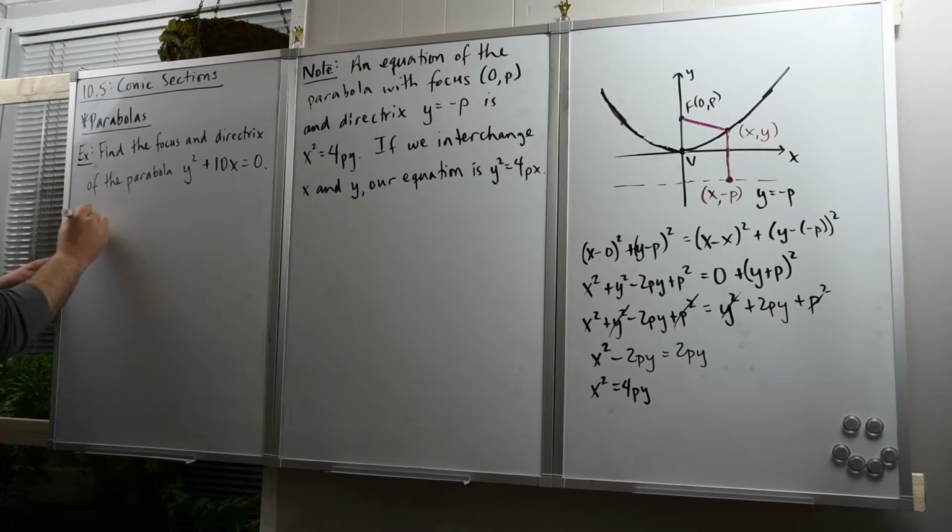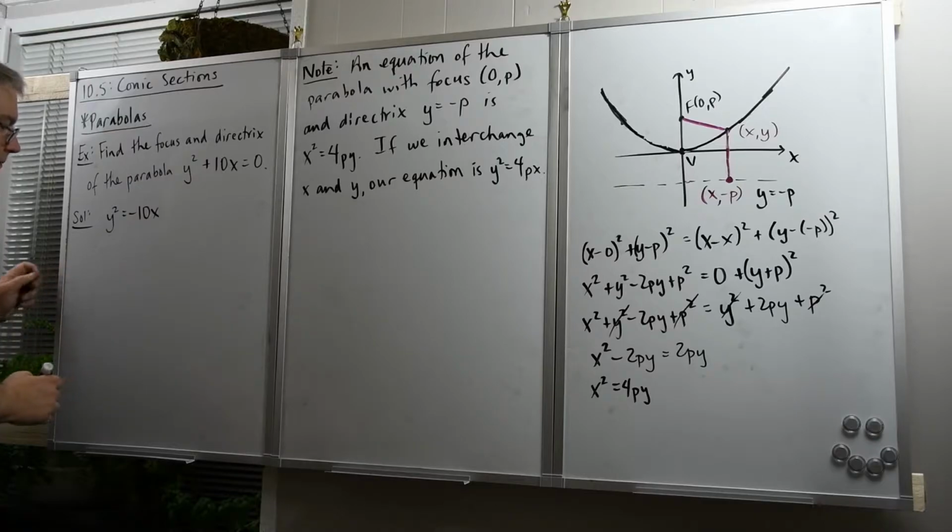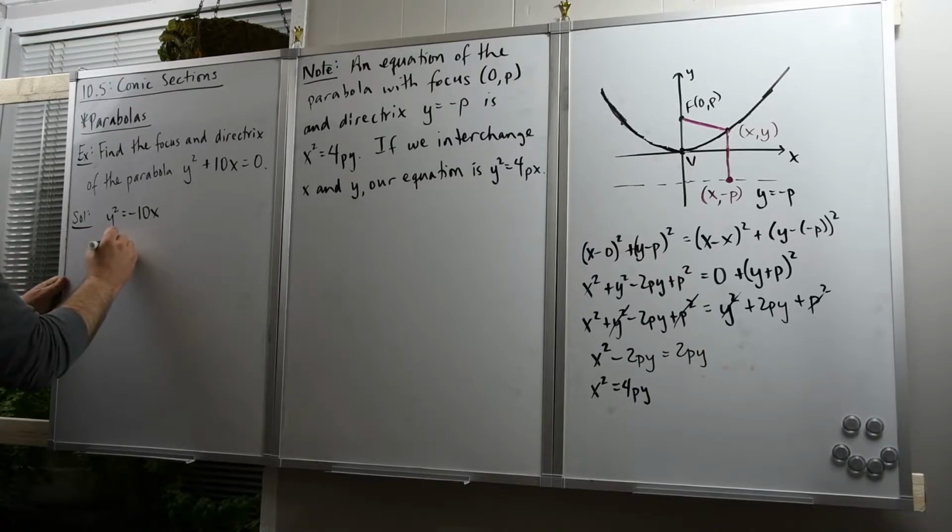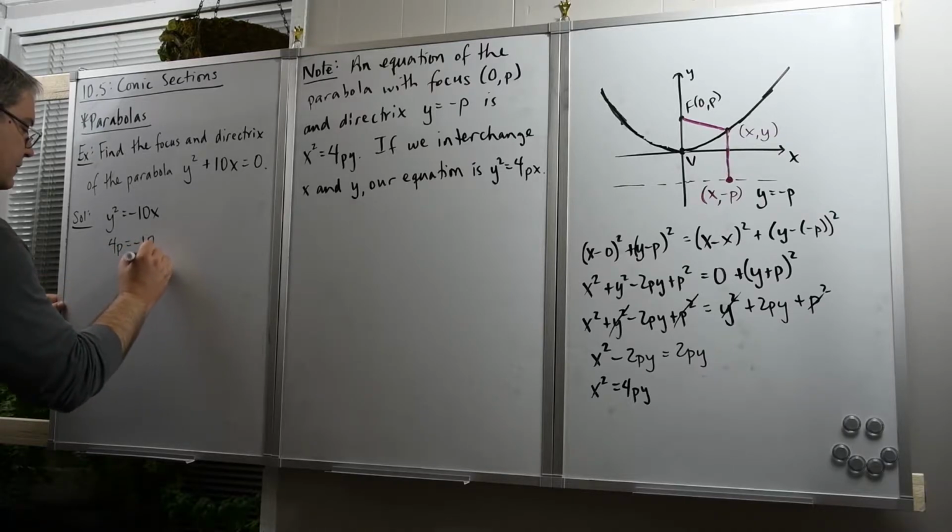So let's go ahead and get started with this. We'll have y squared is the same thing as negative 10x. This has the form that we want. It's just that negative 10 is our 4p. So we can figure out what p is if we say that 4p is equal to negative 10. So p will be negative 10 fourths or negative 5 halves.